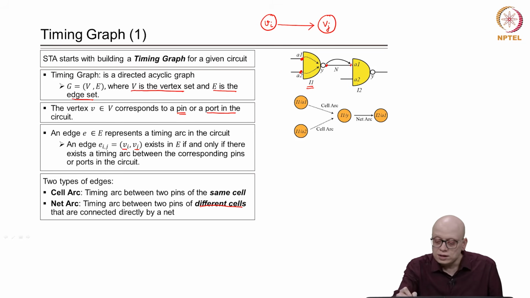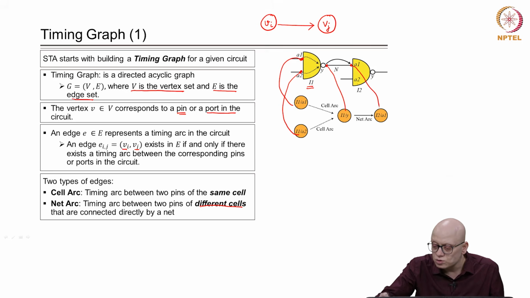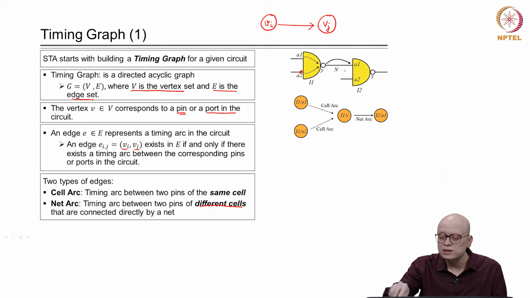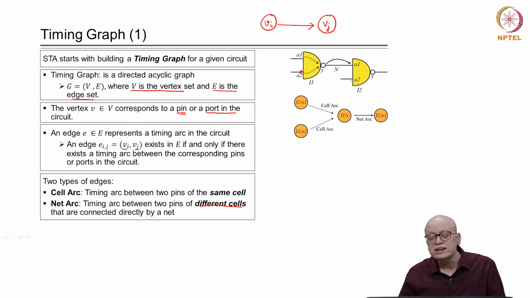I1 A1 corresponds to this one, I1 A2 corresponds to this one, I1 Y corresponds to this, and I2 A1 corresponds to this. So, we are only considering 4 vertices in this example just for simplification. There will be other vertices corresponding to I2 A2 and I2 Y also, which we have not shown.